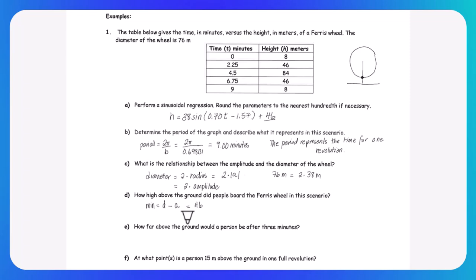Yeah, right there, that's that median value. Subtract 38, which is our A value. We won't put that in our calculator. We know this. We can do some of these things in our head. We get 8 meters. In other words, the height at which people board the Ferris wheel is 8 meters.